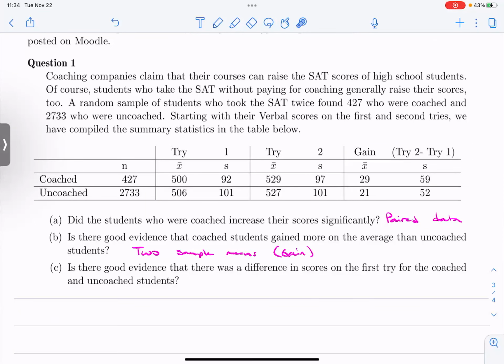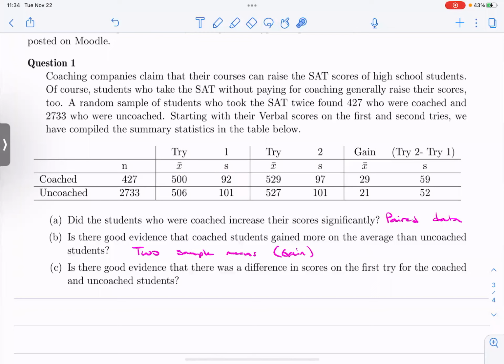What if someone says, oh yeah, but maybe your students were just scoring higher to begin with, right? Maybe they're just real keeners and they just score higher to begin with. Right. So then is there good evidence that there's a difference in scores on the first try for the coached and the uncoached students? Right? Which makes it a two sample means question again, but now I want to focus on just try one.